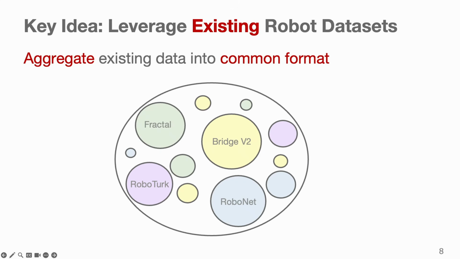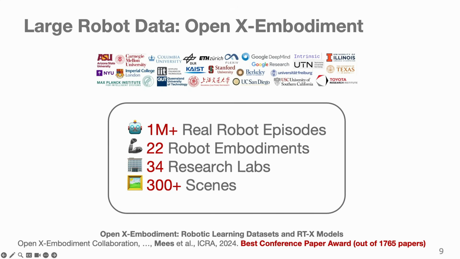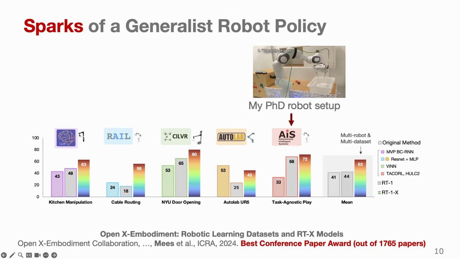And we ended up with over 1 million real robot episodes, which was substantially more than any previous robot dataset effort up to that point. And this was not just a single robot embodiment, but over 20 different robot embodiments. As you can see, a lot of labs around the world participated in this effort.